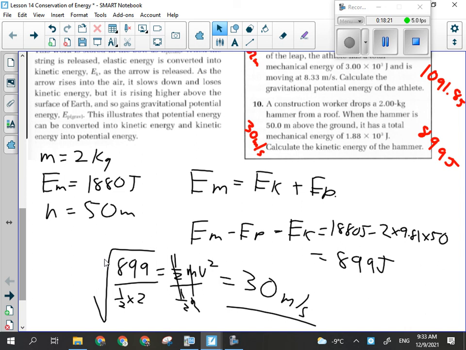When I let it go, that potential turns into kinetic, and they just keep adding up to 1,880 joules. All that changes is there's less and less potential and more kinetic as it falls. The height becomes speed. The potential becomes kinetic, and they always balance out.